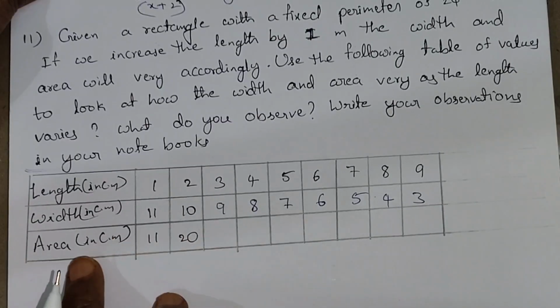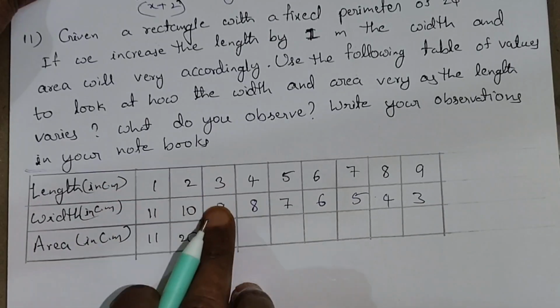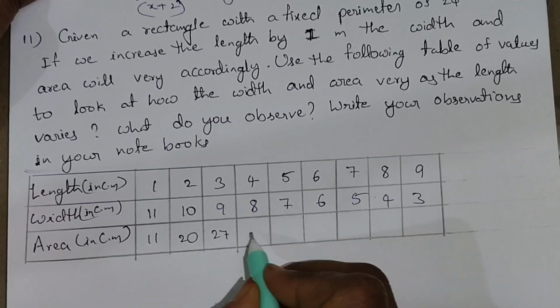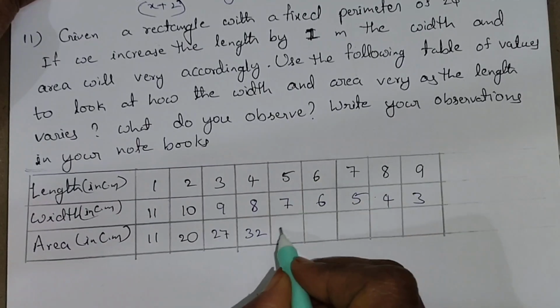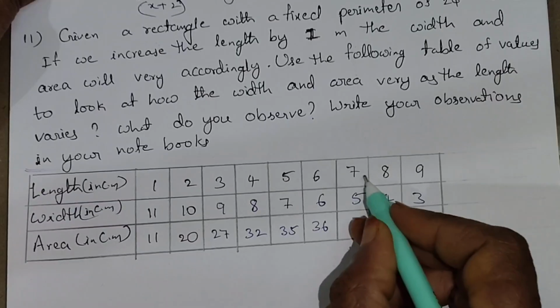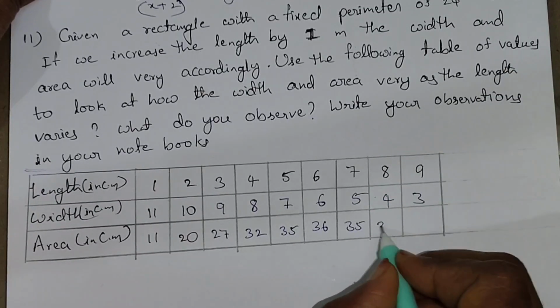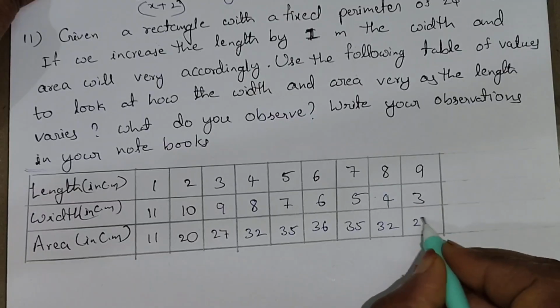So the length is 1, 2, 3, 4, 5, and the width decreases. Now the area is equal to length into width, so we multiply these two. 3 9s are 27, 4 8s are 32, 5 7s are 35, 6 6s are 36, 7 5s are 35, 8 4s are 32, and 9 3s are 27.